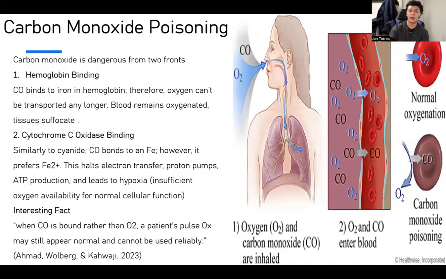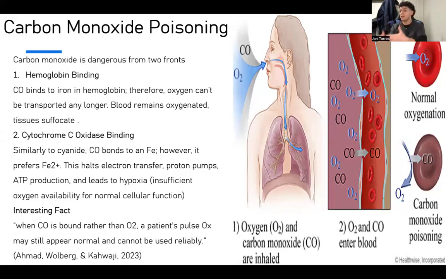Another thing that's kind of interesting, though, if you know about pulse oxes, we use these in the hospital. We put this on, and it'll measure the degree of saturation of oxygen for blood. The numbers will still appear normal even if someone has carbon monoxide poisoning, because all the pulse ox is reading is if the red blood cells have something bonded to them, essentially.